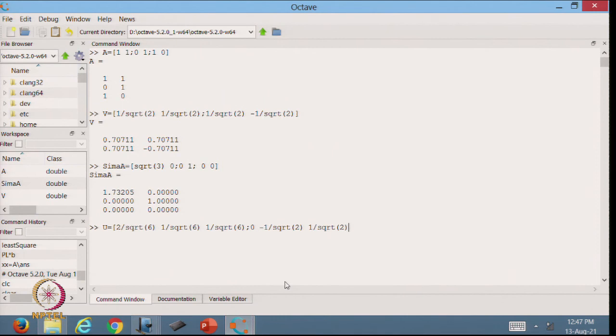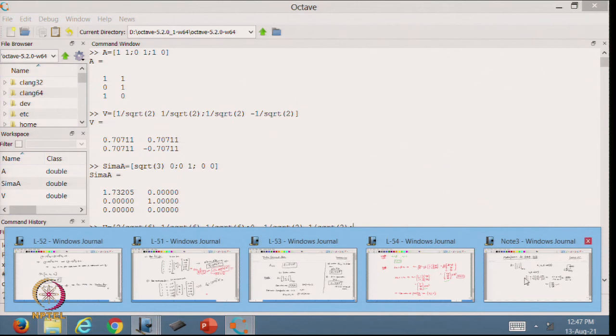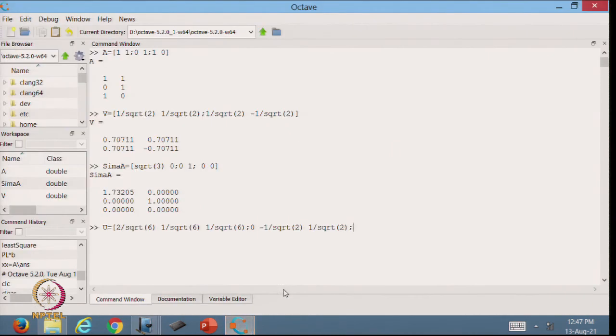So, this is the second one, and the third one, if you see, was 1, minus 1 by root 3, and other things are the same. So, I will take minus 1 by square root of 3.